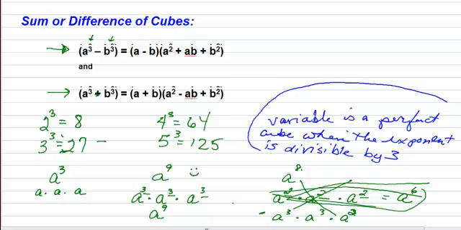So that's how we recognize our variables are perfect cubes. So this may take a little bit more work, particularly for the numbers, because it's not something that we're as familiar with or remember as well.